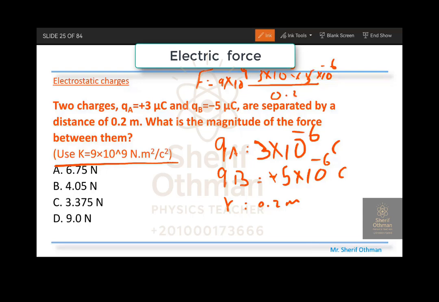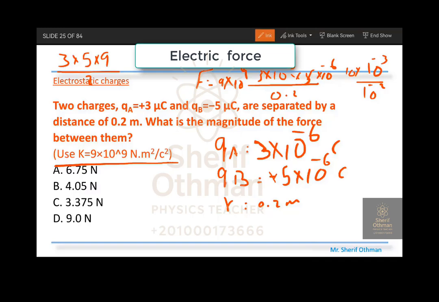So it will be 3 times 5 times 9 over 2. And let's simplify these exponents. 9 and negative 12 will be 10 to the power negative 3. 0.2, that means times 10, so it will be times 10 to the power negative 2.